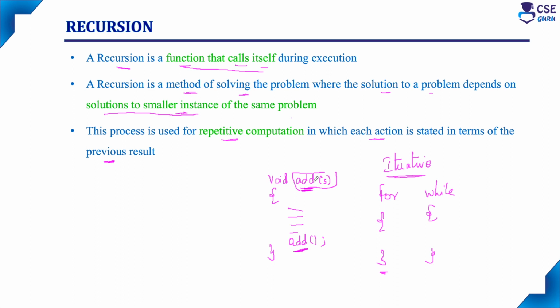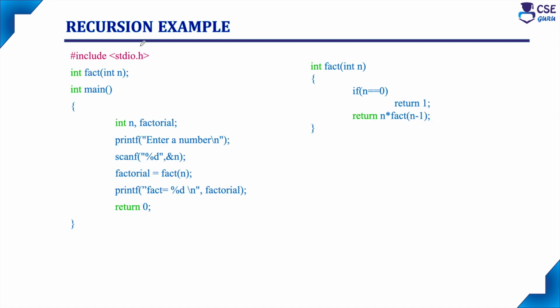A recursive function is repetitive function execution, and a function that calls itself is recursion. The best example to implement recursion is factorial. Already we have discussed the concept and logic of the factorial function. Now we are going to implement the factorial function using recursion.